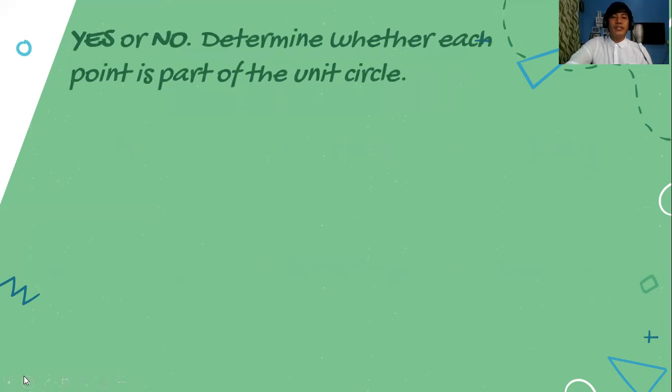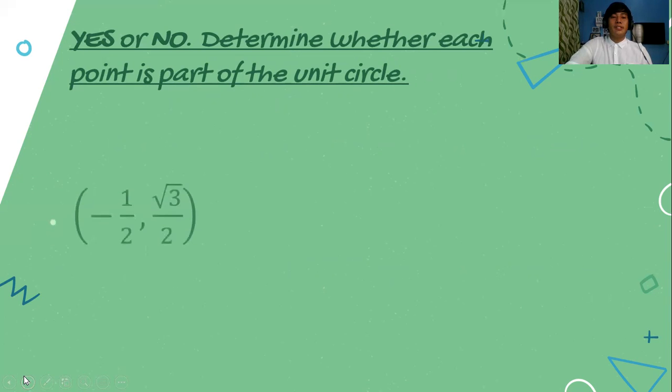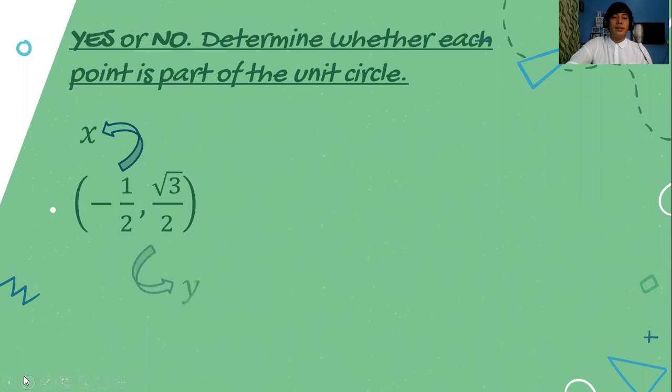Now, given a certain trigonometric point, let us determine whether each point is part of the unit circle. So let's have the first trigonometric point: negative 1/2, the square root of 3 over 2. So our x value is negative 1/2, our y value is the square root of 3 over 2.